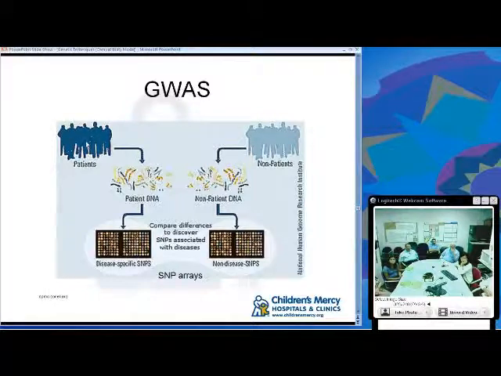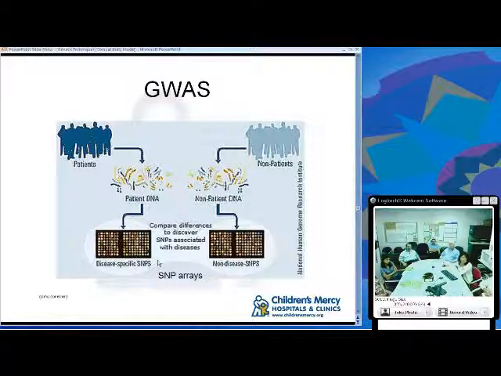So you have your patient samples and you have your non-patient samples. You isolate DNA from your patients and your non-patients, and then you put them on these SNP arrays. And so you have disease-specific SNPs and then the non-disease-specific SNPs.